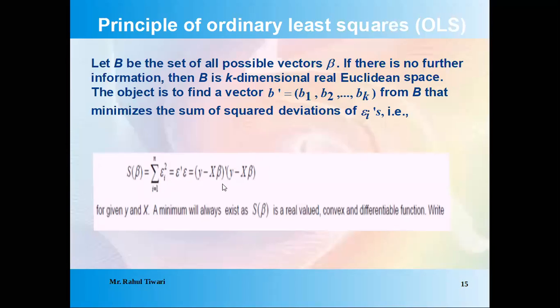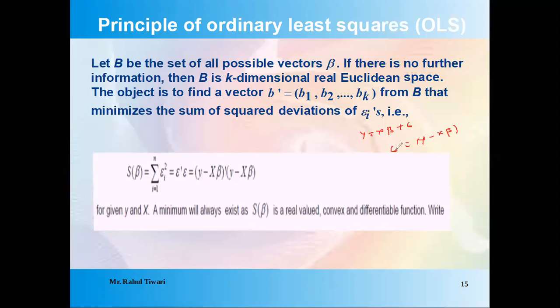Now we are talking in terms of matrices. So what is your epsilon? We have y equal to x beta plus epsilon, right? So epsilon becomes y minus x beta.